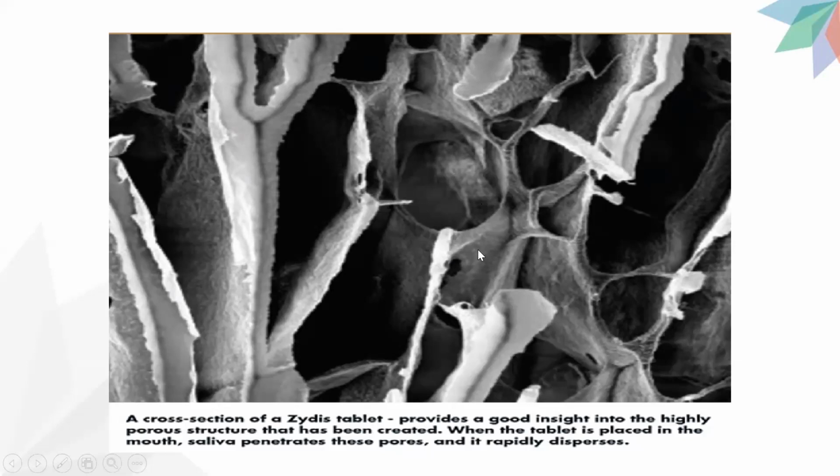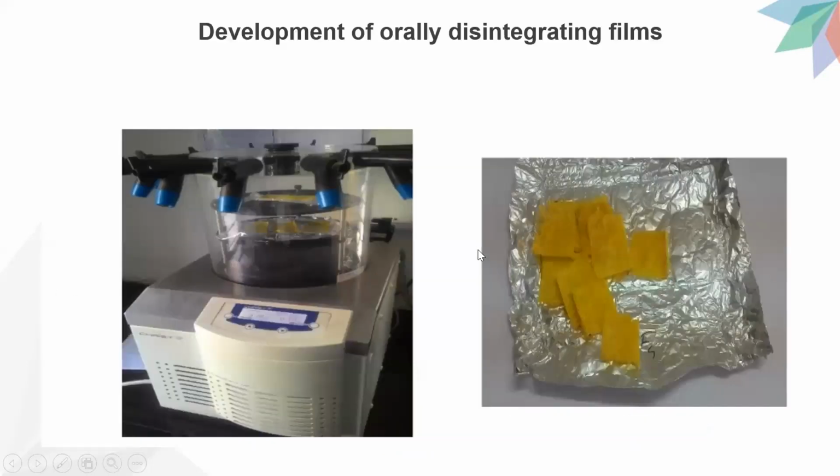orally disintegrating tablets. Also, it can be used in the development of orally disintegrating film. Orally disintegrating or fast dissolving film can be prepared by the ordinary method, which is the solvent casting method, in which the drug dissolves in organic solvent or can be dispersed in the polymeric solution.